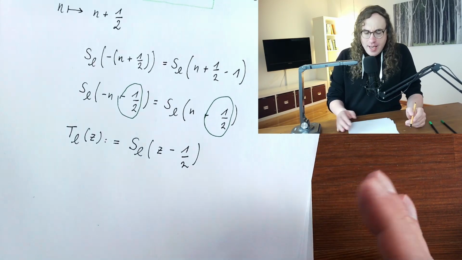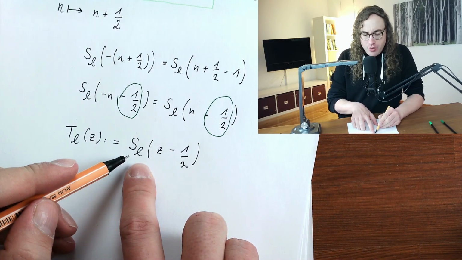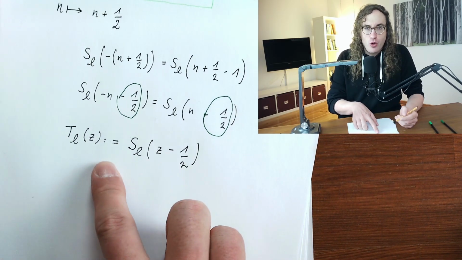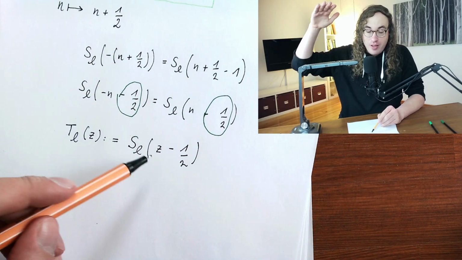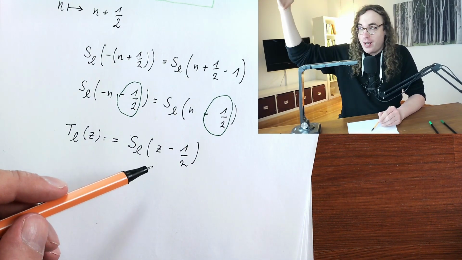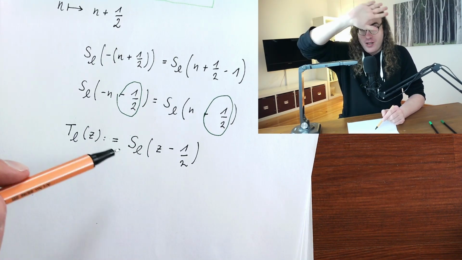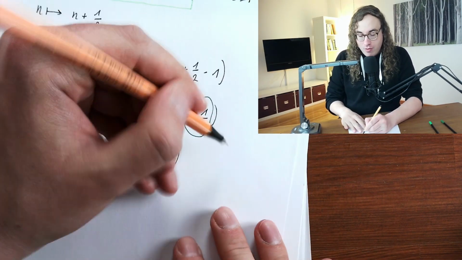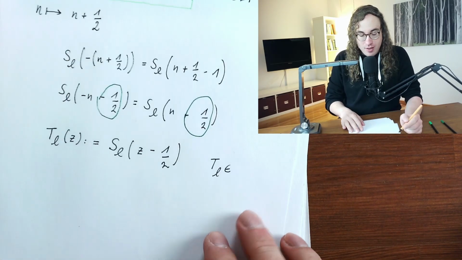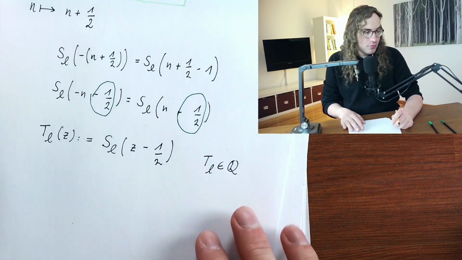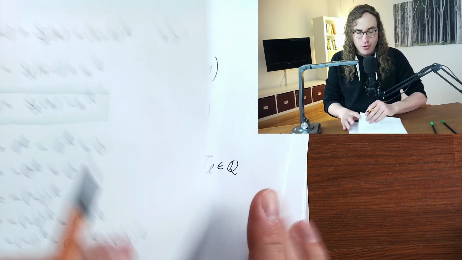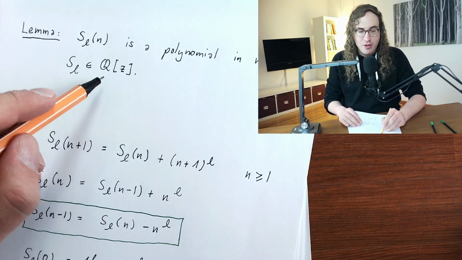So what is TL? Well, since SL is a polynomial, I know that TL is a polynomial too, because really what's happening, if you replace z by z minus 1/2, this just means we shift, right? And the graph just shifts by half a unit. So part of my lemma was to know that SL is a polynomial with rational coefficients.